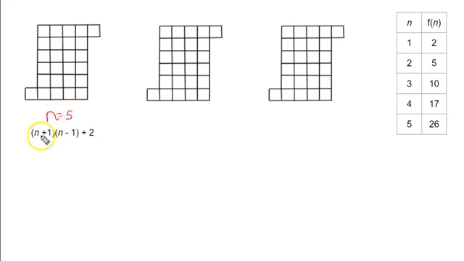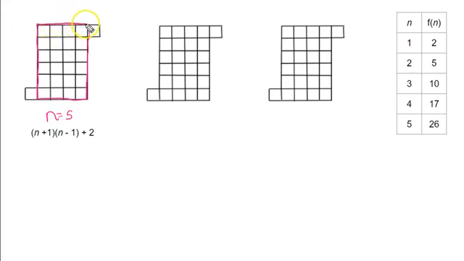If we were to take n and add 1 to it, we would get 6. And that is the height of our entire figure. So this is 6. And then if we were to take our n, 5, and subtract 1 from that, that gives us the width of this center, the 4 center columns.